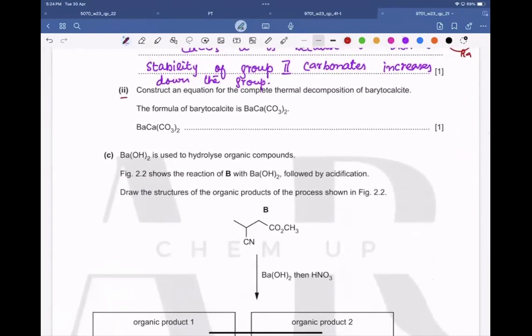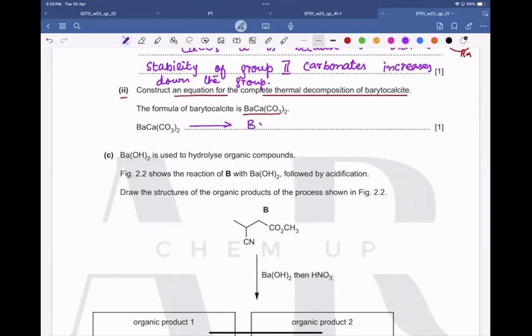Now, part 2. Construct an equation for the complete thermal decomposition of barytocalcite. The formula of barytocalcite is barium calcium carbonate. So see in it, there is a barium carbonate as well as calcium carbonate. So when we decompose any carbonate, we get a metal oxide and carbon dioxide, right? So there are two carbonates and both the metals are there.